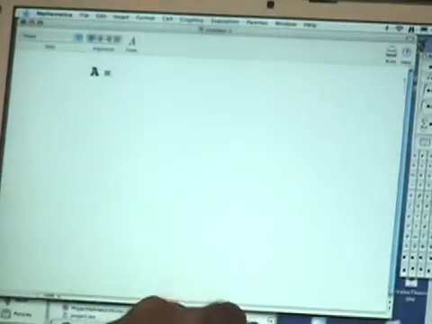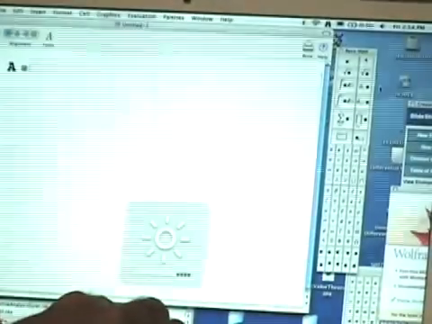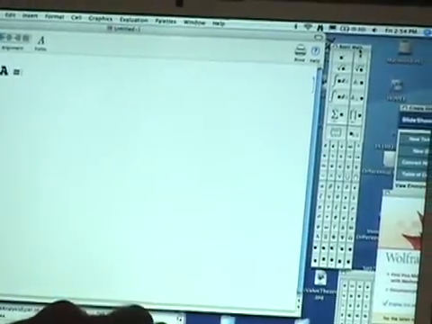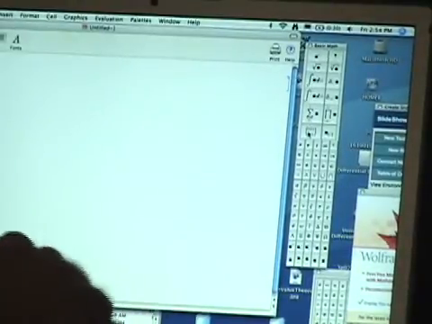Matrices in Mathematica are really certain kinds of lists. If you've got the basic math input palette, like I do over on the right here, you'll notice there's a 2 by 2 matrix button close to the middle.